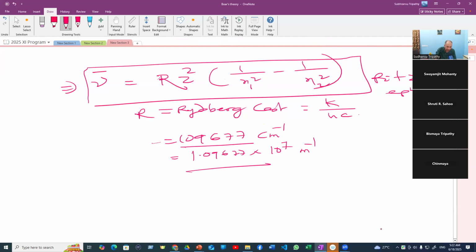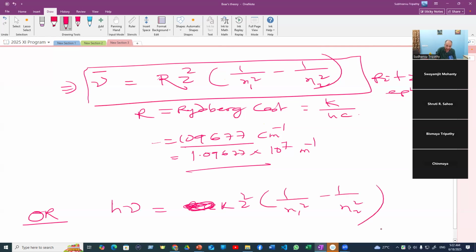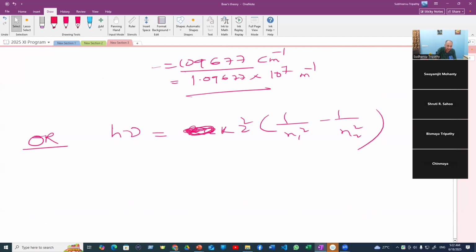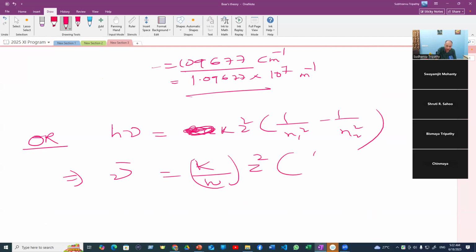And if you take del E as h nu, not hc nu bar, that is k z square into 1 by n1 square minus 1 by n2 square, and find nu directly, then you have the constant k by h times Z square.